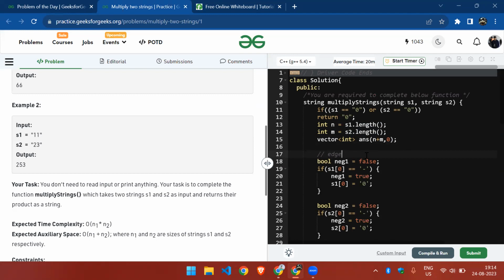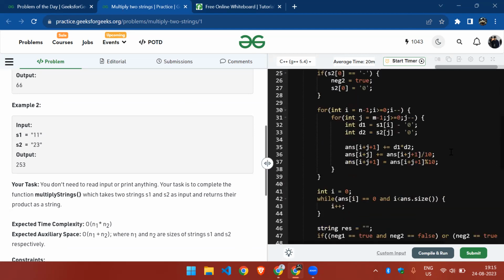So this is for the edge case. When any one of the numbers is negative, we simply add a negative sign in our answer. Okay. So that's why I've taken these two negative variables for the two strings.